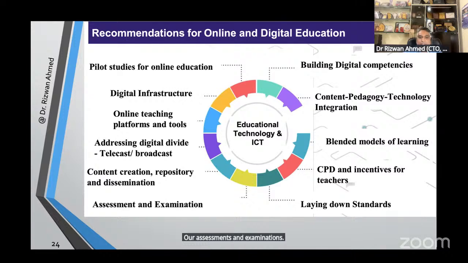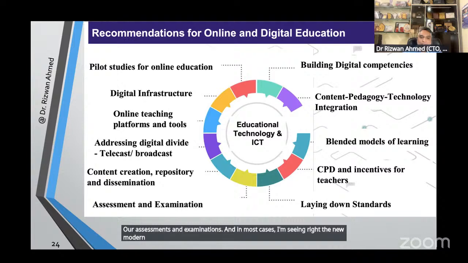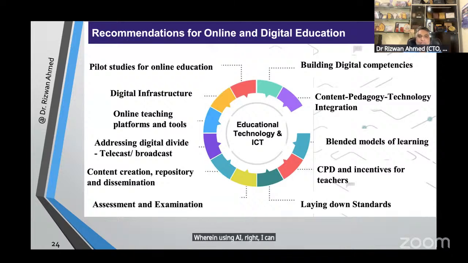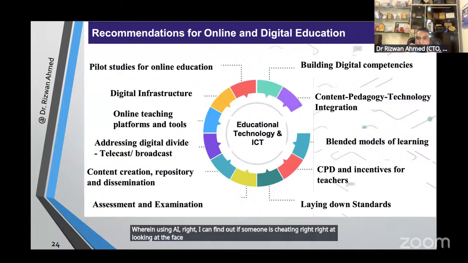And in most cases, I'm seeing the new modern use of ICT technologies for doing more proctored exams, wherein using AI, I can find out if someone is cheating, by looking at the face, how someone is blinking their eyes, at what step I'm selecting my answers and things like that. So a lot of good use cases are coming around proctored examinations because of that.